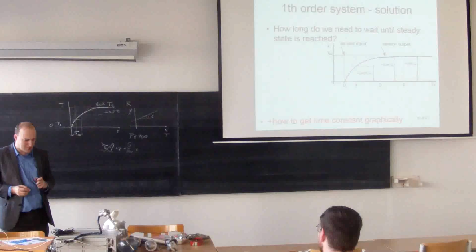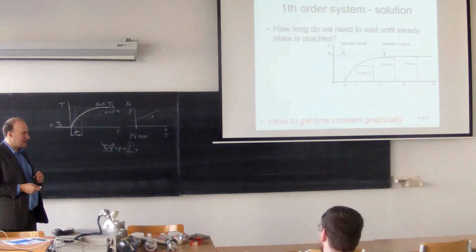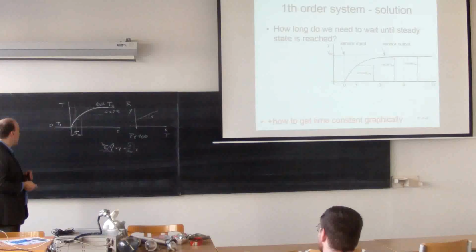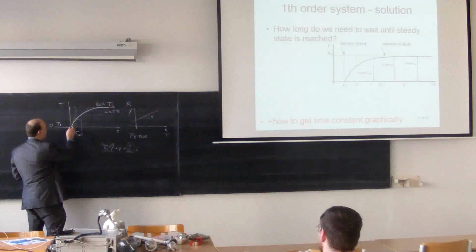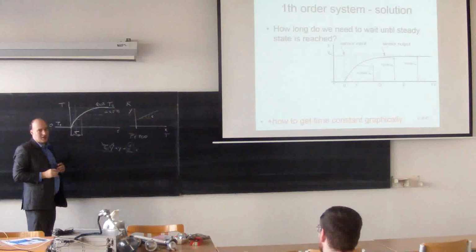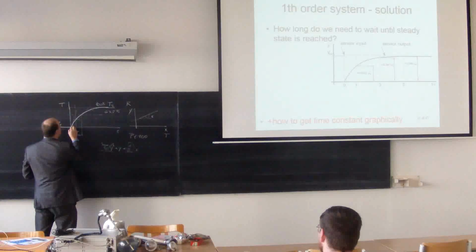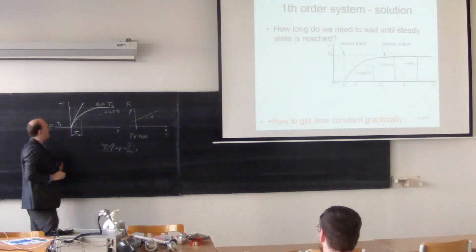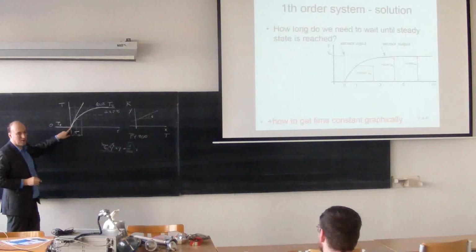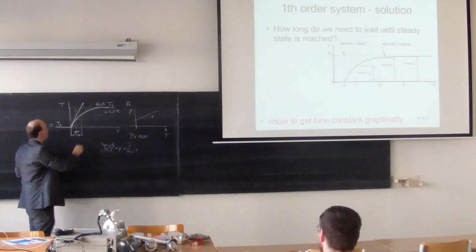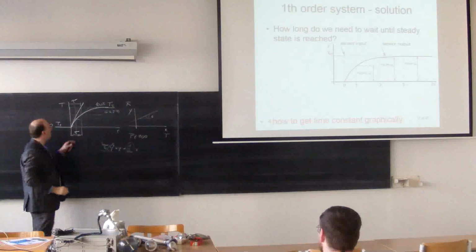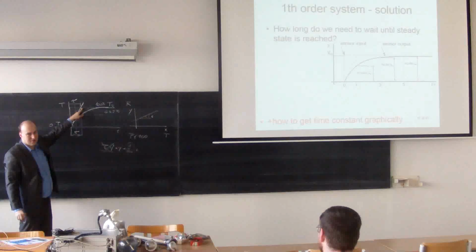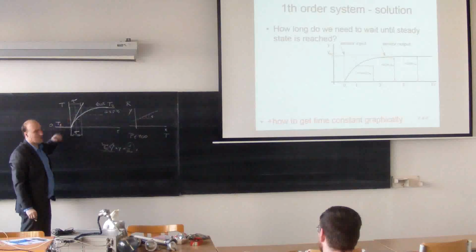There is a different way as well. It's a property of the exponential function that I can make a tangent of this function at any point. So let's say I make a tangent at the origin. The time from 0 until the tangent reaches the steady state value is also the time constant.